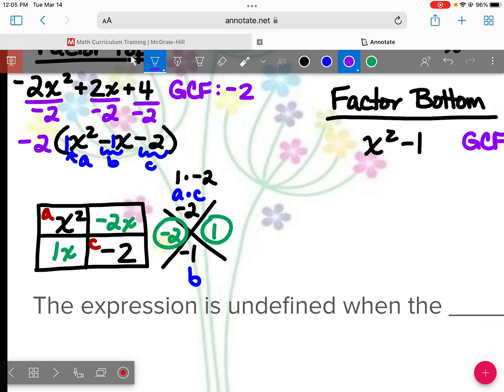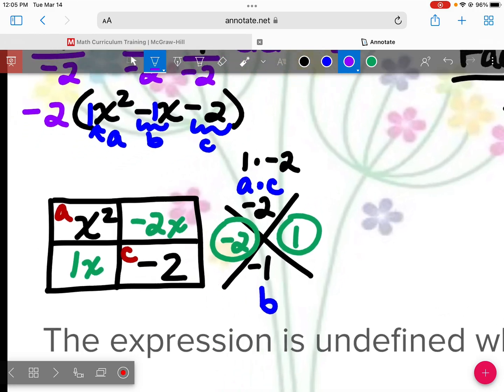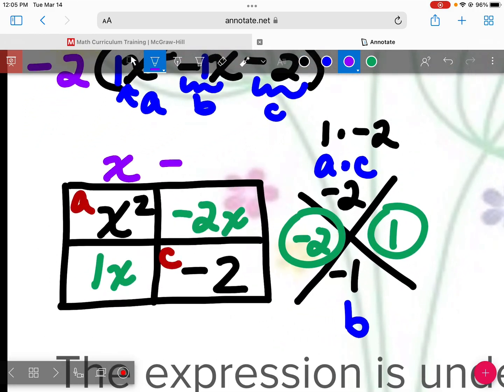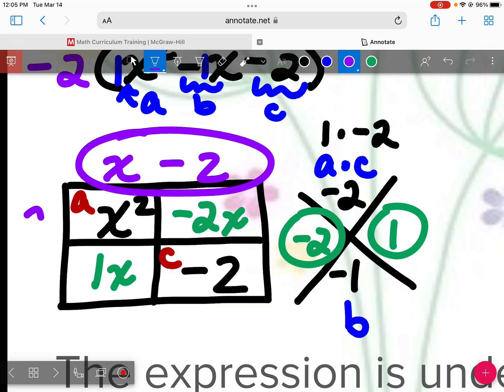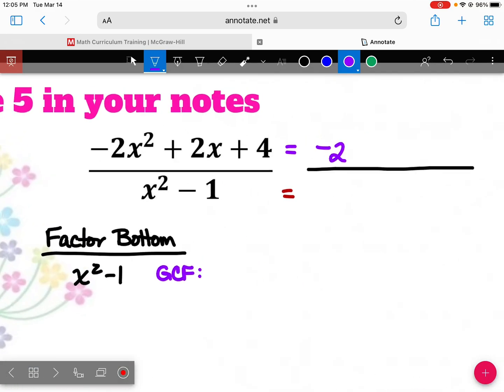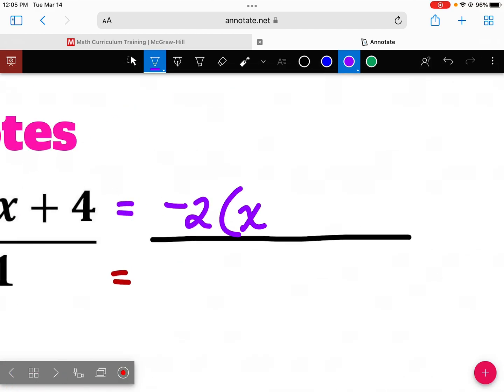Multiplies to negative 2, adds to negative 1. Yep, I get x minus 2 when I look at my columns. I get x plus 1 when I look at my rows. So my numerator would be negative 2 times x minus 2 times x plus 1.